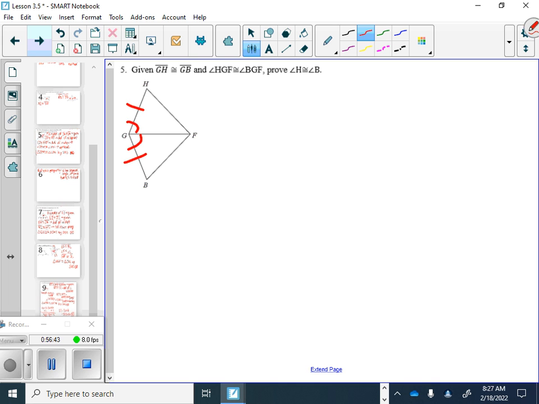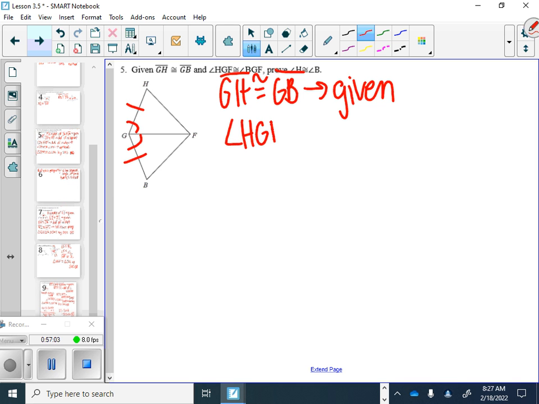But before we do that, let's just prove that the triangles are congruent. Okay? First step of a proof is state your givens. So I was given that GH and GB are congruent to each other. And I was given that angle HGF and angle BGF are congruent to each other.